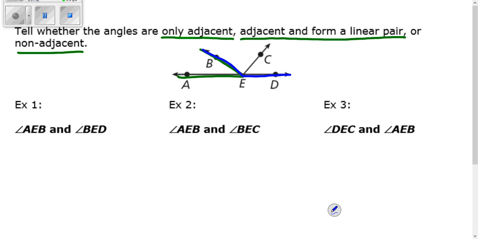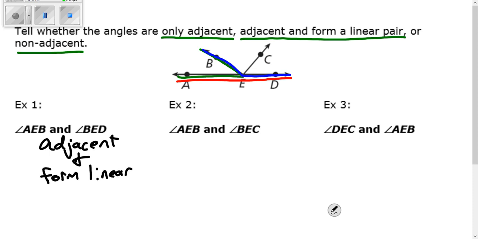So we know they are adjacent, and they also form this line across AED. So they are adjacent and form a linear pair.